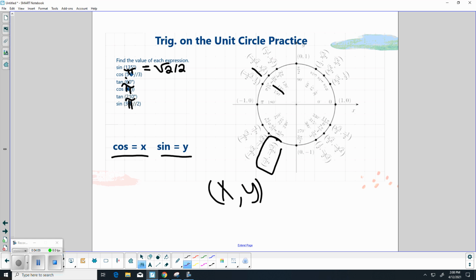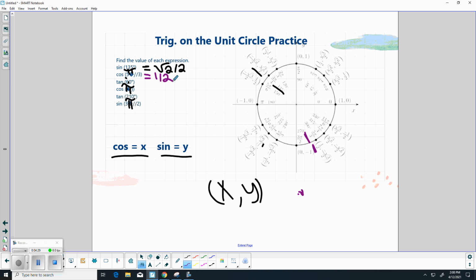We have to find 5 pi over 3 on the unit circle. 5 pi over 3 is right here, and we're finding cosine, so we look at our x value, which is equal to 1/2.